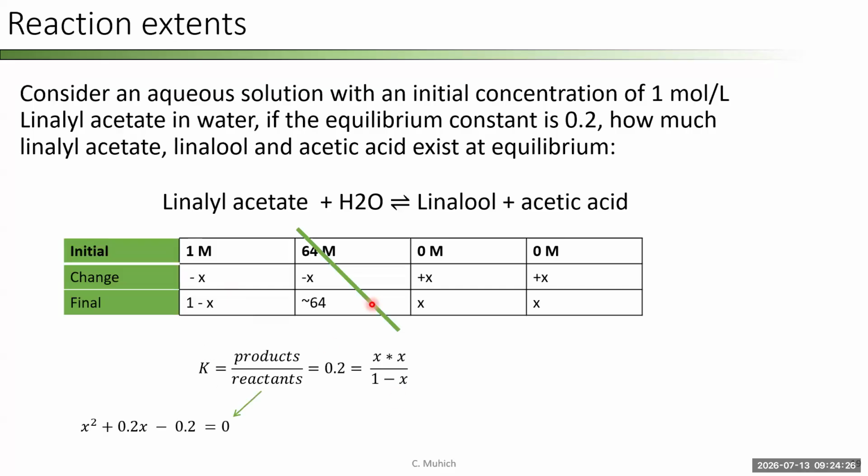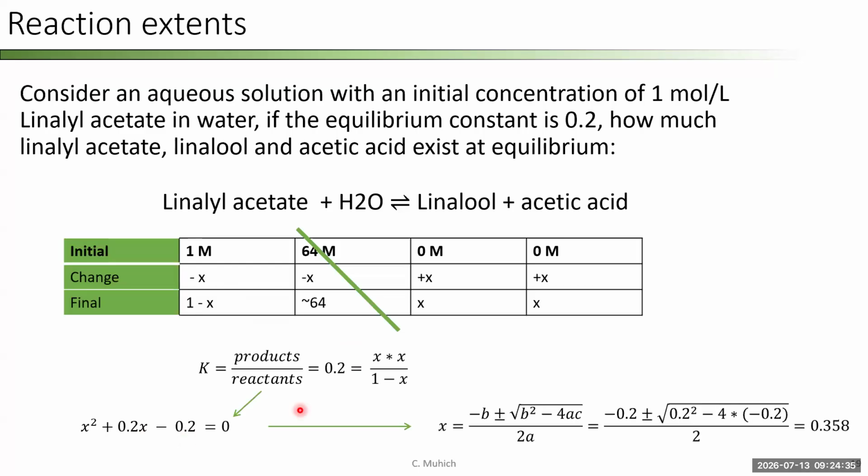I can take this piece, rearrange the equation, and I get x squared plus 0.2x minus 0.2 equals 0. And if I use the quadratic equation, this tells me that 0.358 moles have reacted.